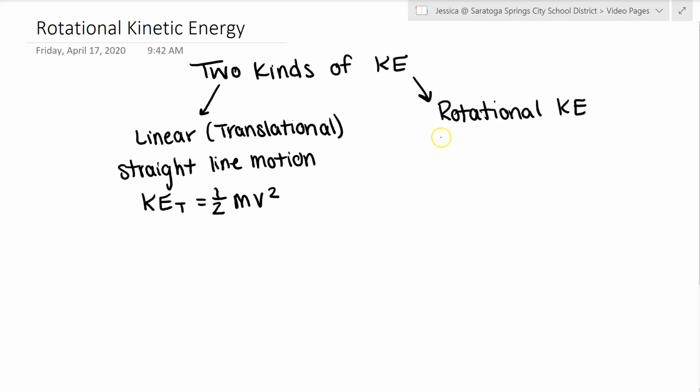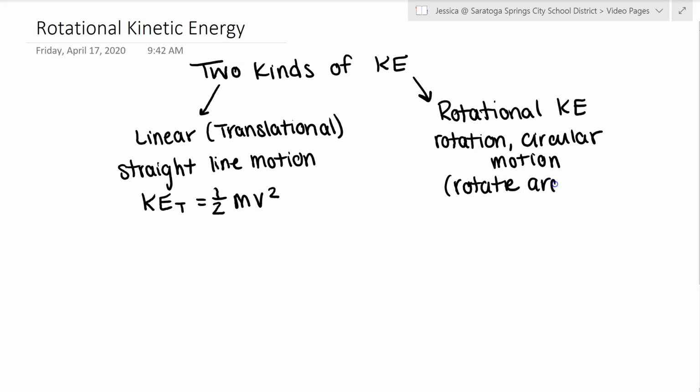And we have that whenever we have rotation or even circular motion. Right? We essentially need to rotate around some central point. So anytime we have an object doing that, it is going to have rotational kinetic energy.